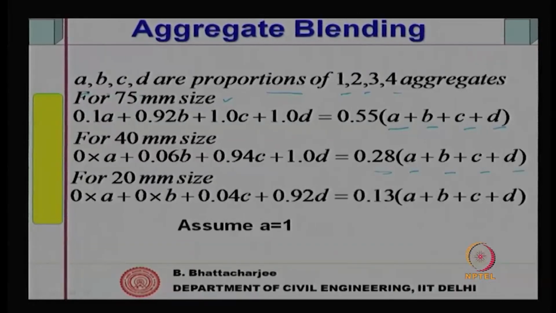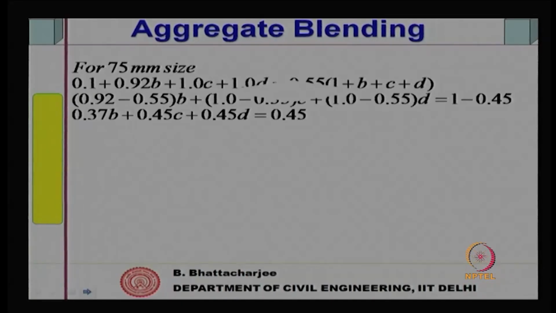If I assume A equals 1, all the rest can be obtained as a fraction of A itself. So, assuming A equals 1 for 75 mm size, I get an expression involving B, C and D.